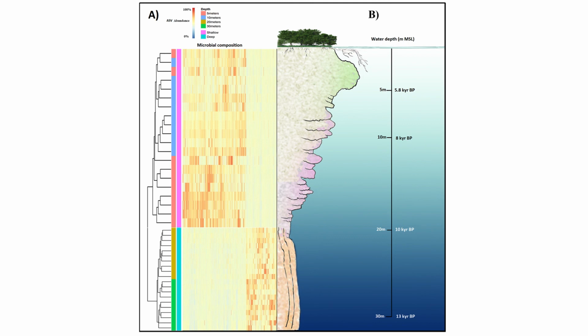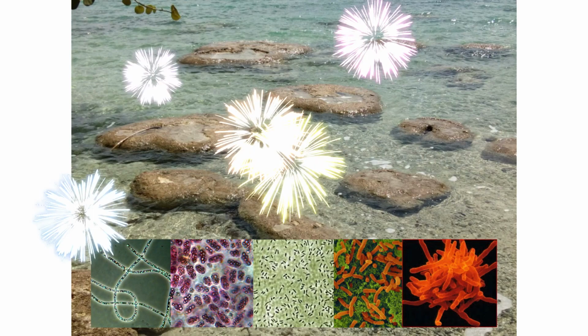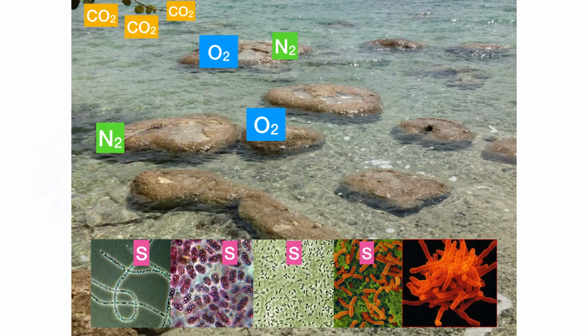And well, so this is our study model. And I hope that now when you see microbialites, you'll remember that they're actively fixing nitrogen and producing oxygen, and are really productive communities.